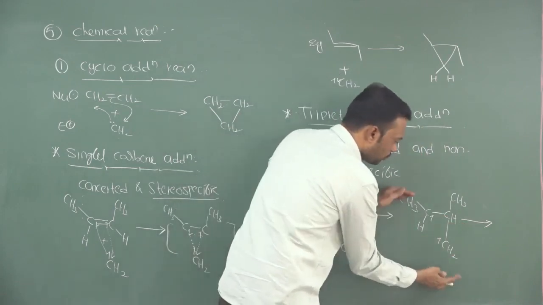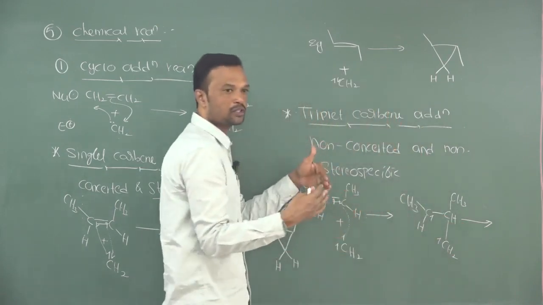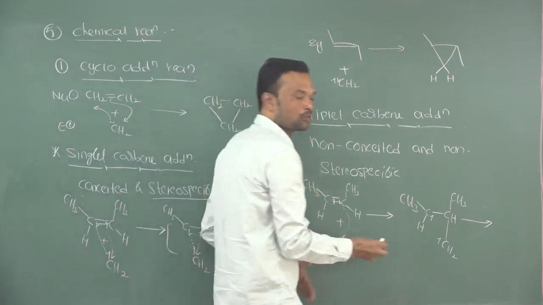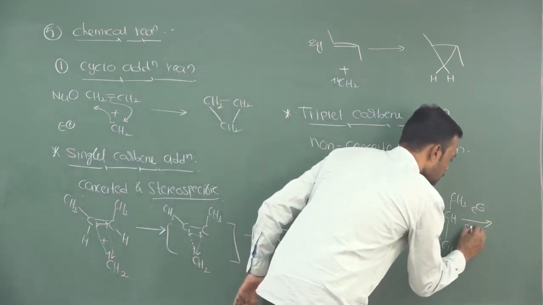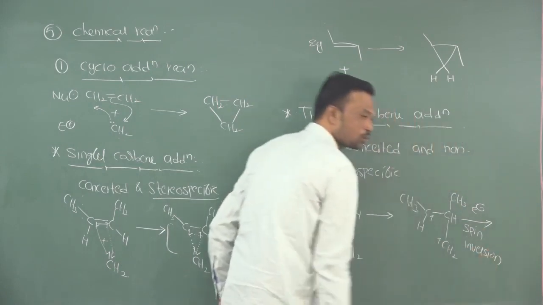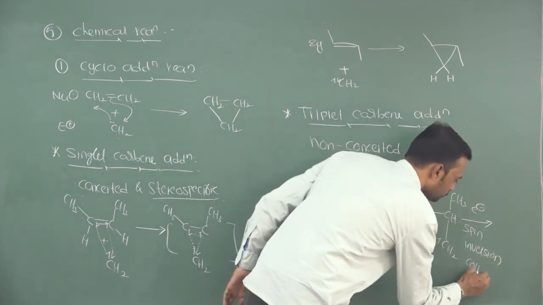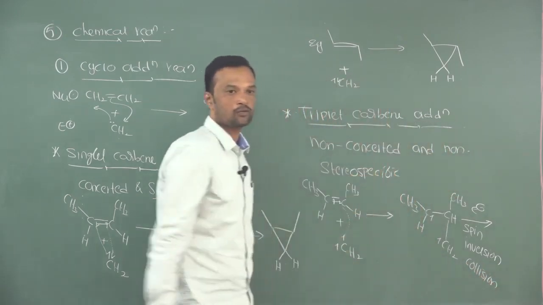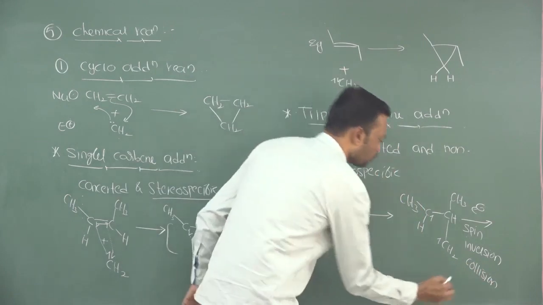In the first case, when they come close together, they will repel each other and one of the electrons goes to the opposite side. This is called electron spin inversion, due to collision. So due to collision of these two electrons, one of the electron spins will be inverted. Once a spin is inverted, what do you expect?